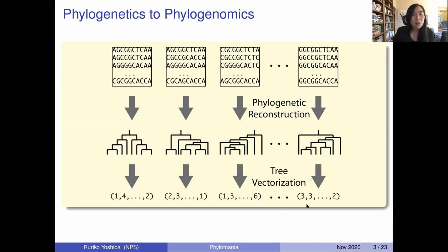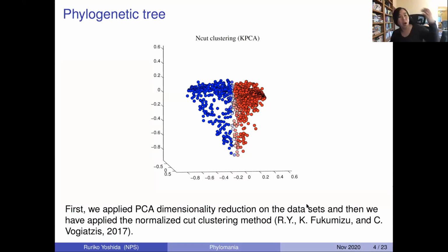All right, so this is in a paper I wrote with Fukumizu-san and Chrisa Face, in 2017. We tried to apply just classical PCA, and we applied a bunch of clustering methods on the coelacanth data set.